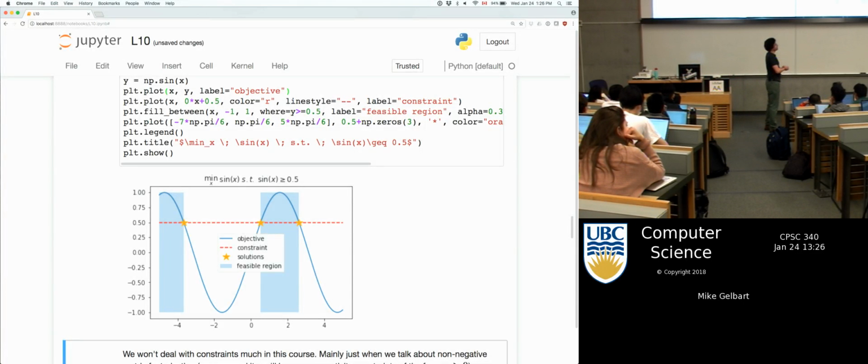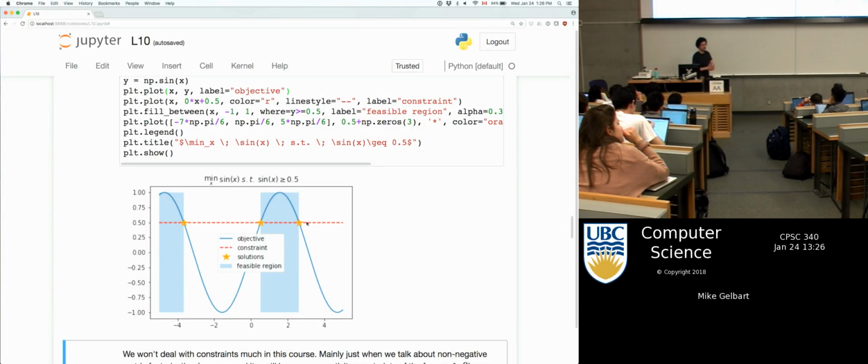But we also have this constraint, sine x greater than 0.5. And so what I've put in the blue shading is the parts of the space that we are allowed to search in. Because anywhere outside of the blue shading, sine x is less than 0.5. And so we get infinitely many solutions to this problem, and I've drawn them as stars.